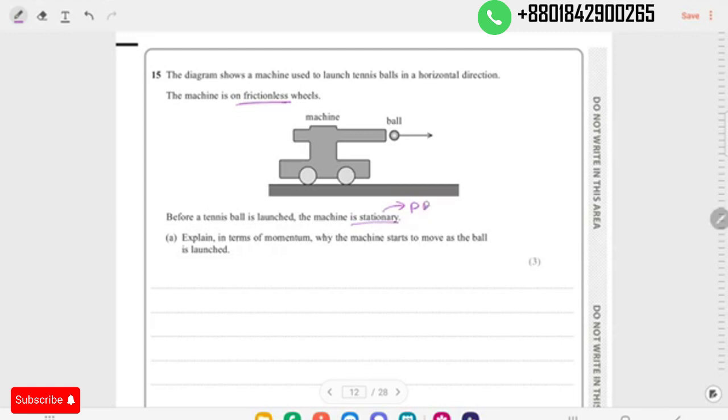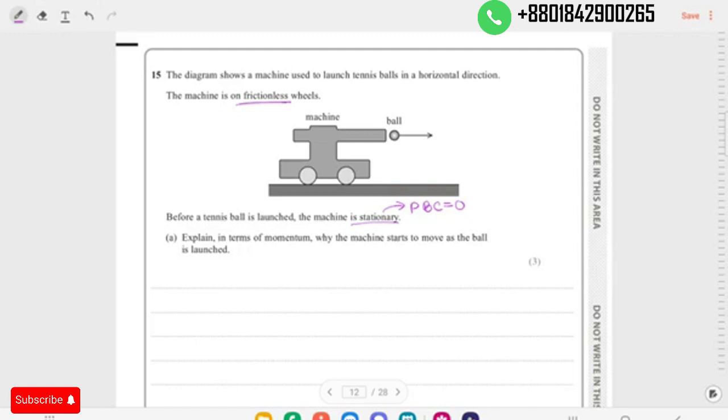PBC means momentum before collision. Now, following the principle of momentum, the momentum for an entire system before and after collision should be conserved. That means if the momentum before collision was zero, after collision it also has to be zero.